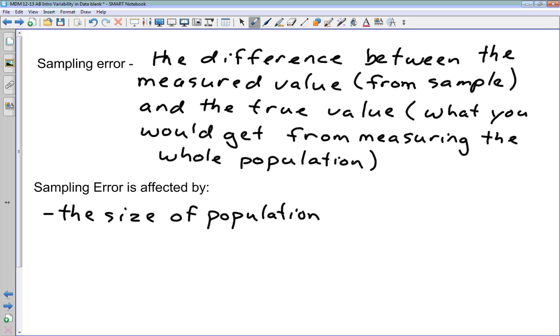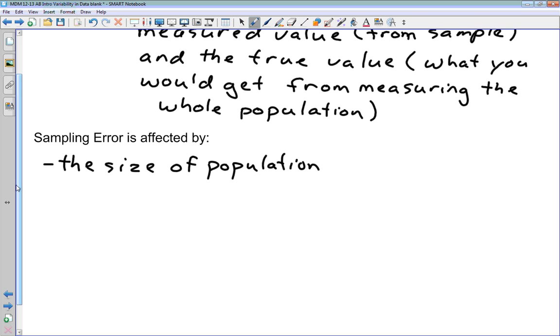The size of the population is only going to affect your sampling error for small populations. Once your population is of a certain size, it has no effect on the sampling error. Making the population bigger above a certain point isn't going to change your sampling error at all. So you can have an effect with a small population only; no effect for large.